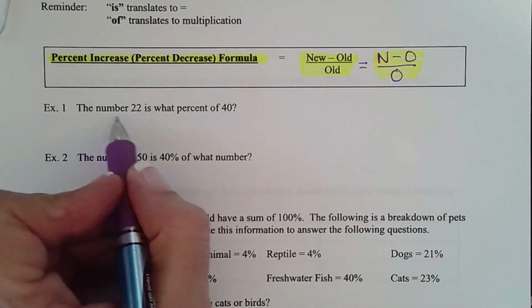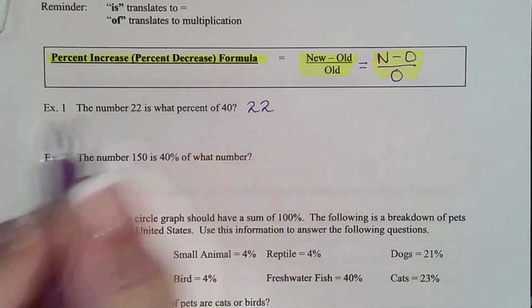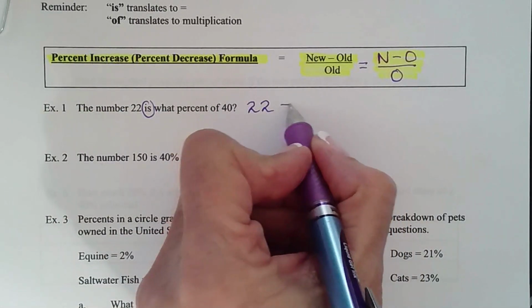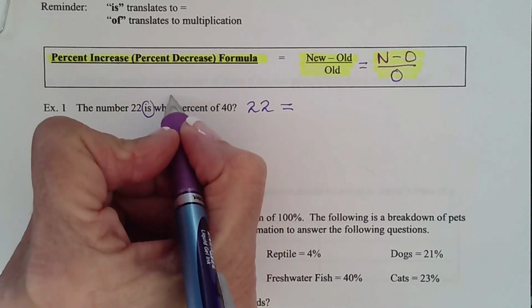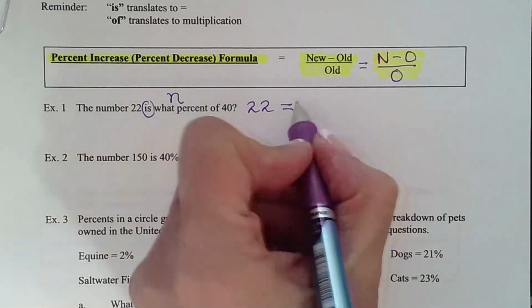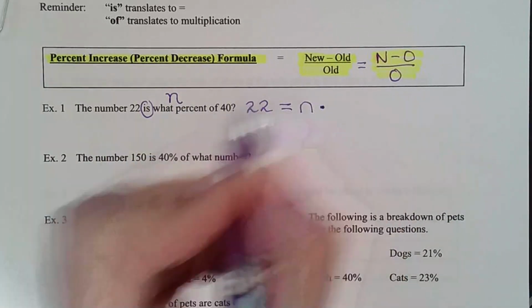So direct translation, the number 22 is, like it says above, is equals what percent? So I'm just going to call it N of 40.